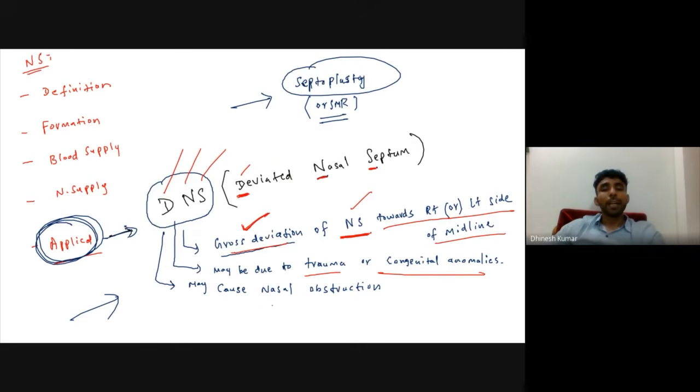What will be the clinical feature of the deviated nasal septum? It may cause nasal obstruction, obstruction to the air passage. So take care of this DNS, deviated nasal septum. That is the applied aspect of nasal septum.